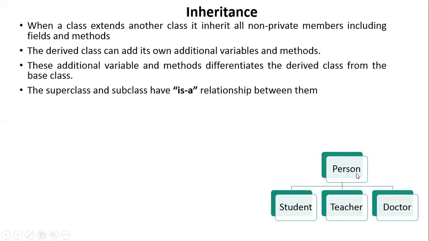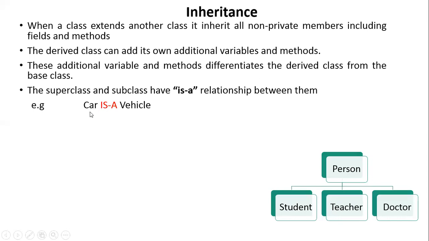So here this is a base class person and these are subclasses of this class person: student, teacher and doctor. So we can say student is a person, teacher is a person, doctor is a person. So the relationship between this base class and the child class we call an is-a relationship.